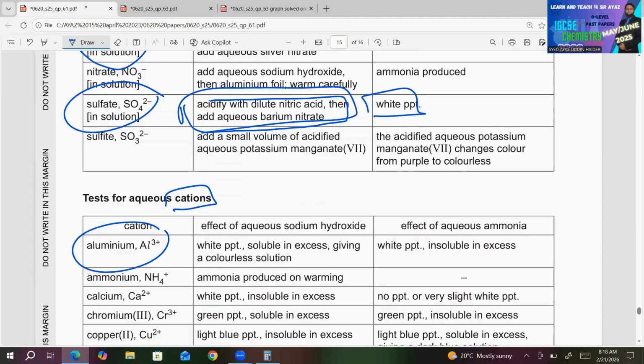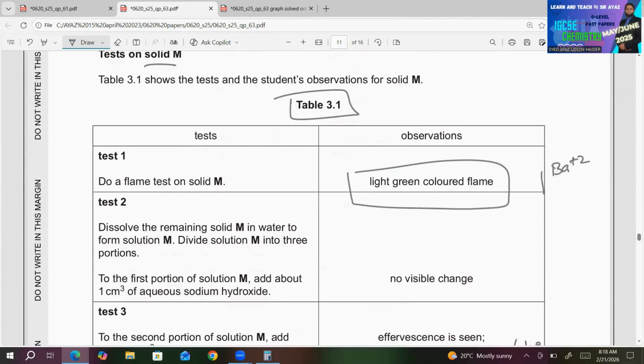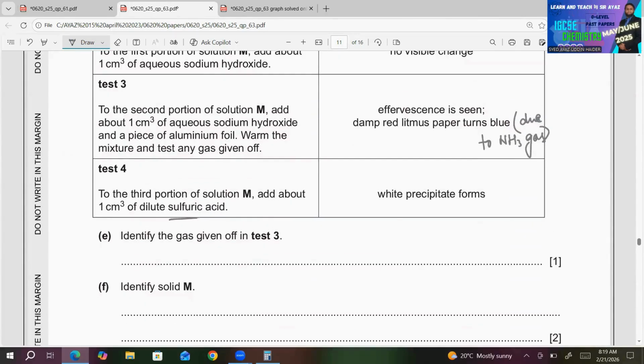White precipitate is of barium sulfate. So you see, we have already confirmed that we have Ba2+ ion. So this must be reacting with the sulfate ion from sulfuric acid. BaSO4. So this must be due to barium reacting with the sulfate ion.